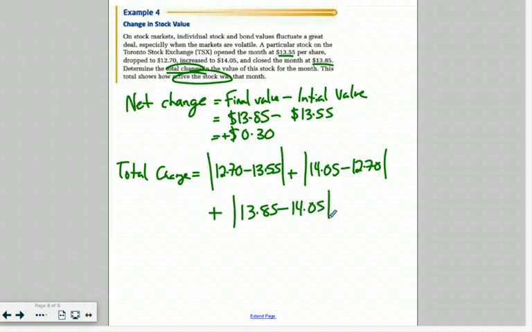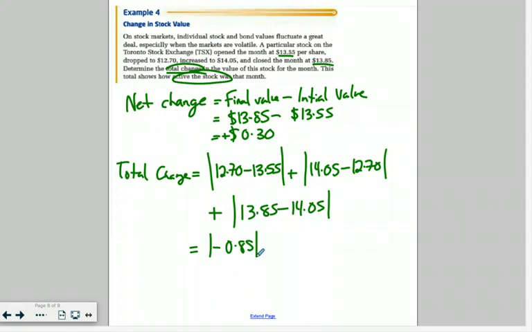So by taking the absolute value of each of these changes, I'm only going to deal with positive values, which gives me the total amount that it moved. It doesn't matter what direction it moved, I just want to know how much it was moving. So in that first one, the $12.70 minus the $13.55 gives me the absolute value of negative 0.85, so it moved 85 cents in that first change.